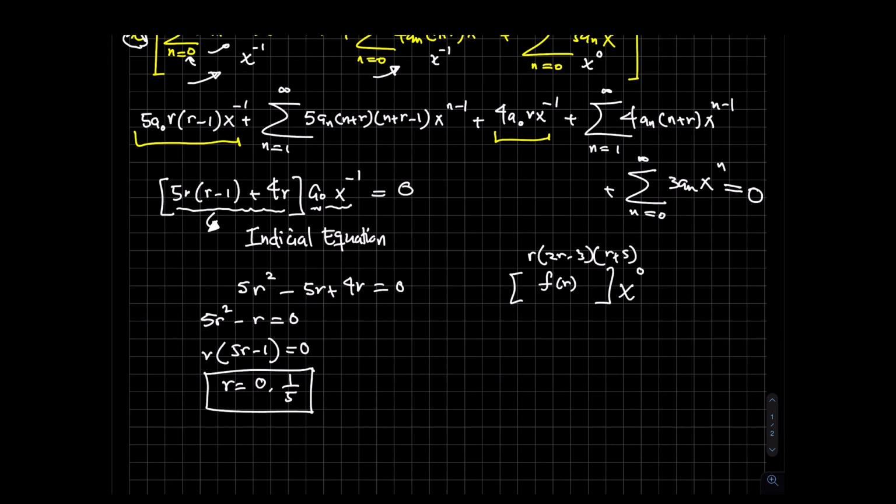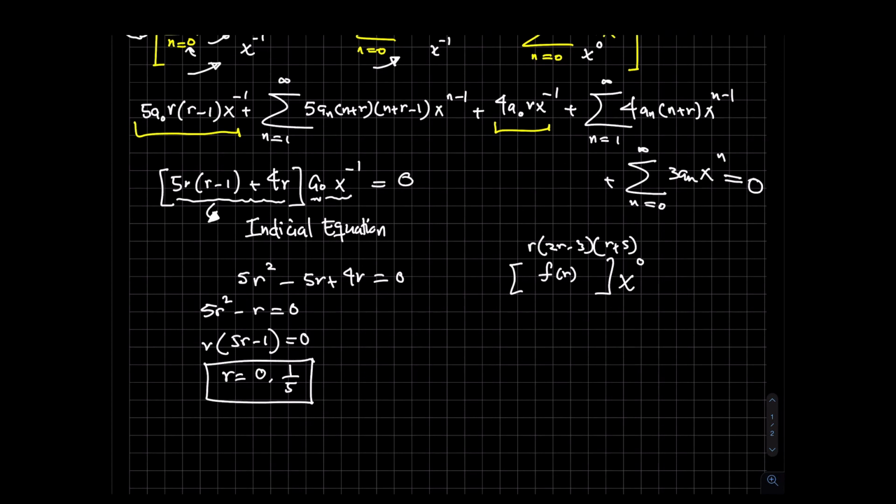And you'll wonder from which equation do I find r, because if I want to find r for all of them, I'll have like 6 different r values. And what you could remember, you always go with the smallest power of x, you take that coefficient. So even if you had an x to the power of 0 here, you wouldn't have to worry about that. You only go with the lowest power of x and you only focus on the coefficient of that. And that's where the r is going to come from. That's your original initial equation. And these are called the initial roots.